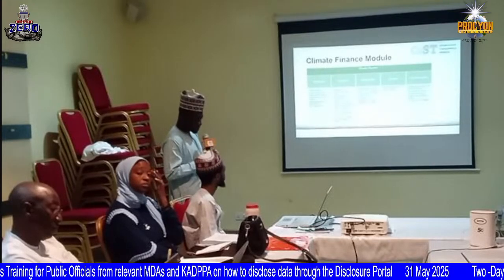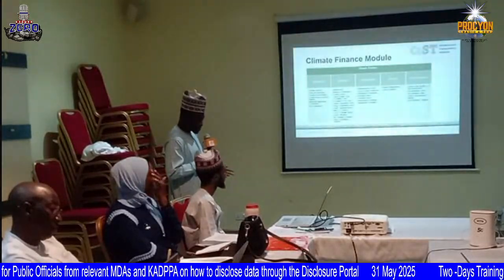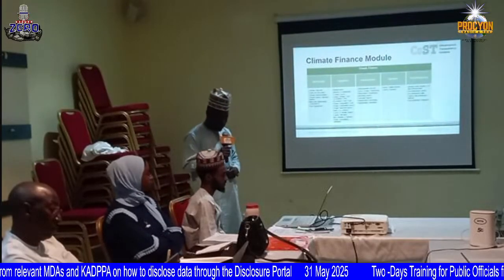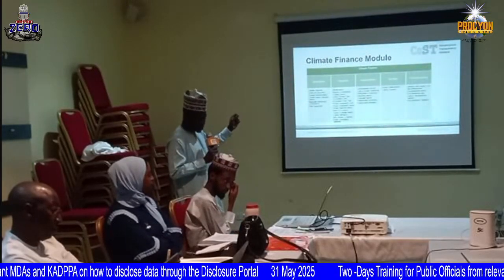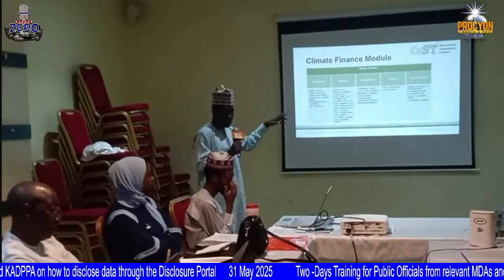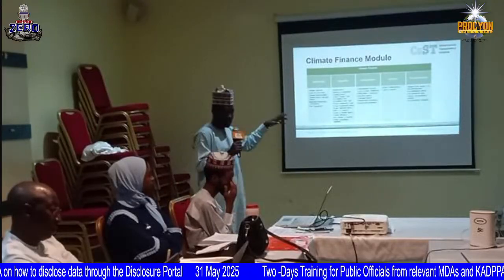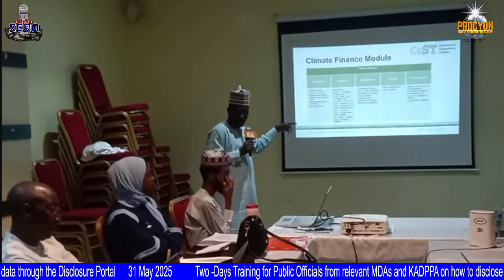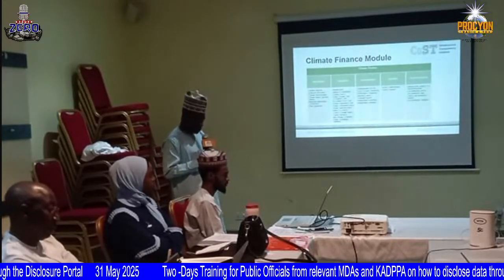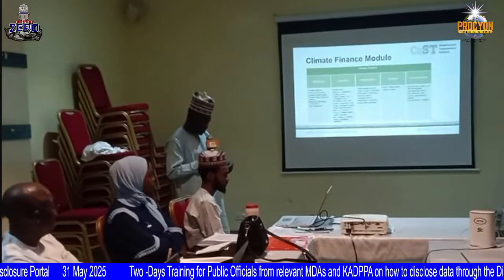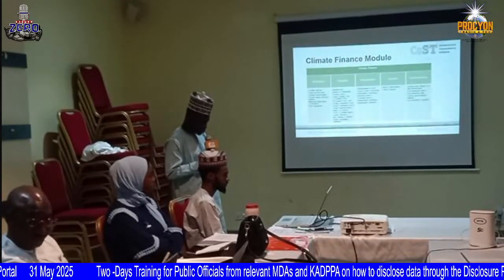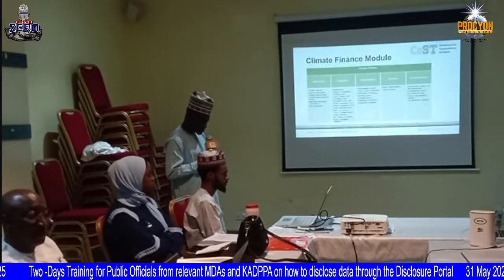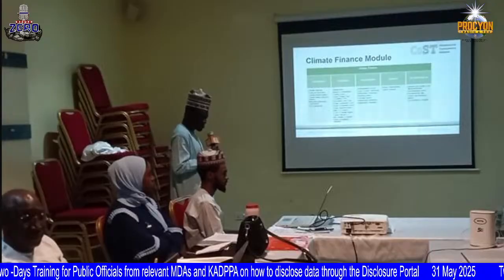We also have data that has to do with climate finance. Just as in the presentation before, you see a component called sustainability, which talks about climate finance. Some of these data are already part of those data points, with additional data points on climate objective, financial instruments, and climate transformation.